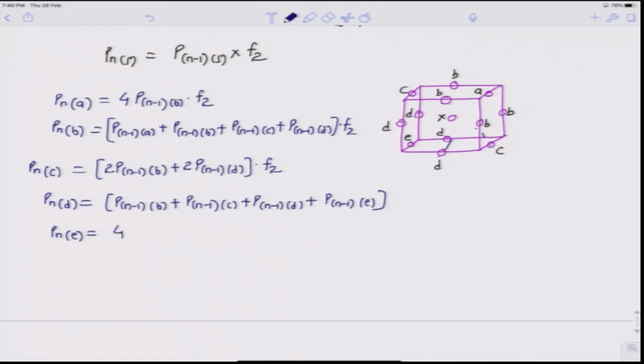So, this would be 4 times Pn minus 1 of D times F2. There should be an F2 factor here.